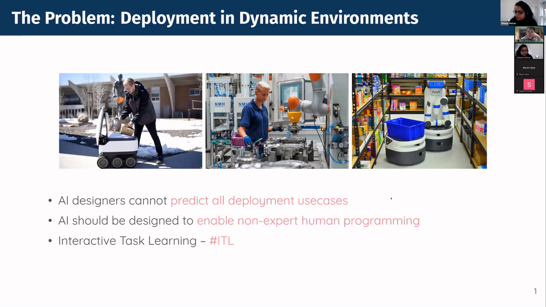Okay, so let's first start with the problem. I said that we are building systems that can do interactive task learning. So what is it and why do we want to do interactive task learning? You must have been on top of the news of Google's robot trying to do household tasks.